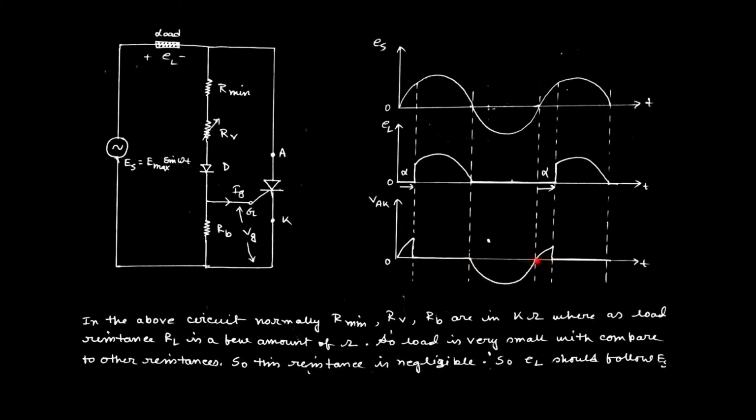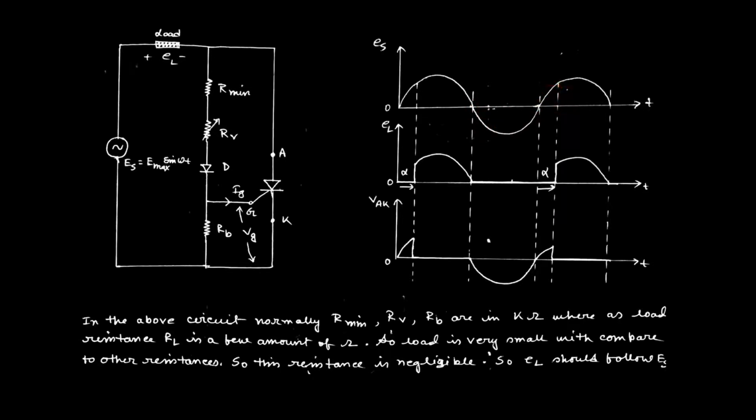In this particular time, the switch was in the off state, so the total voltage appears across the thyristor, and as we know, this will follow the supply voltage. So from 180 degrees to 360 degrees plus alpha, the nature of the waveform is this one.